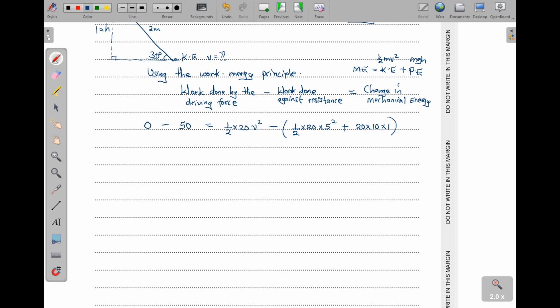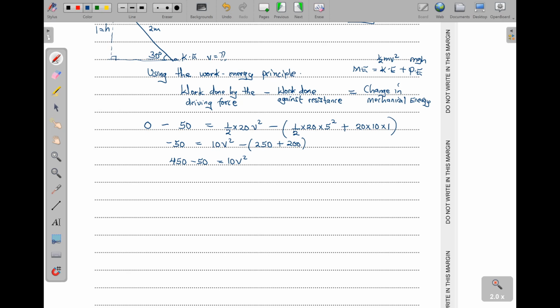Now we make v the subject of the formula. We can simplify. Here we have 50, which is equal to 10 v squared. Then inside here we are having 10 times 25, that is 250, and then plus 200. So this one gives us 450. Then I bring it this side, it becomes positive. So 450 minus 50 is equal to 10v squared.